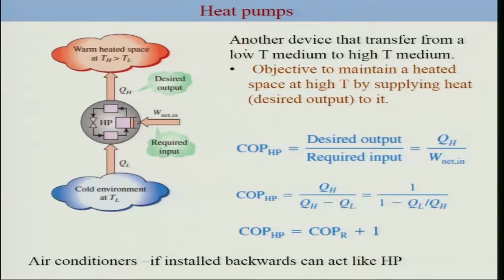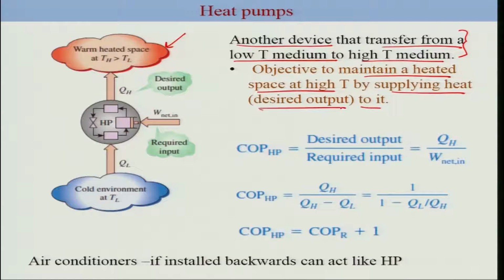So that will be your heat pump. This is another device that transfers heat from a low temperature medium to a high temperature medium, but the objective is different from that of a refrigerator: it is to maintain a high temperature. So this is the space which you want to maintain at TH, by supplying heat. So the supplied heat becomes the desired output.